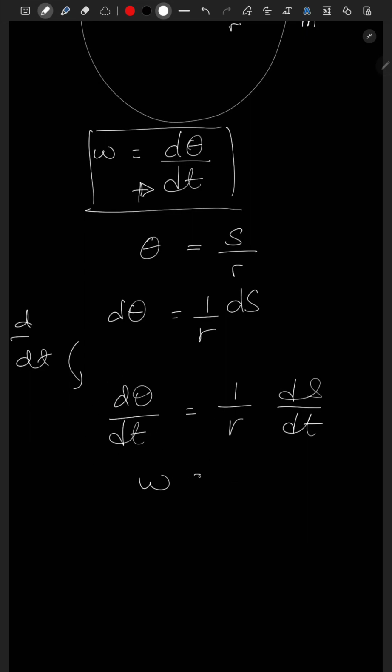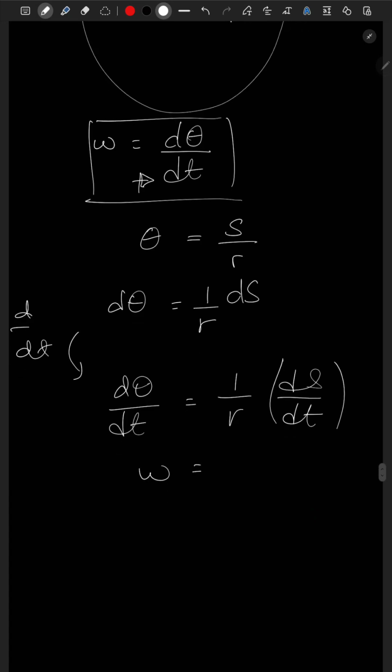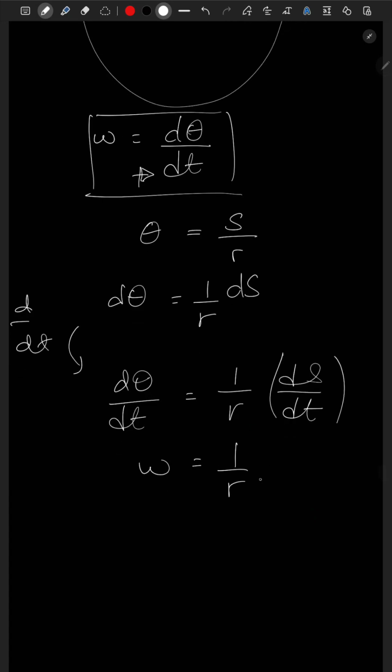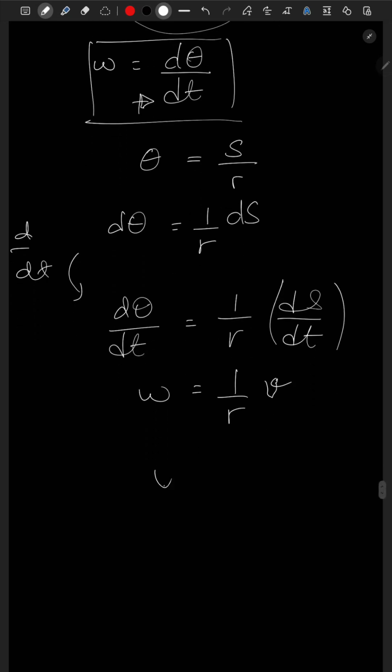And this is omega. ds by dt will give you the speed of the particle, because it is the change in the arc length divided by the time. So it is 1 divided by r times the velocity of the particle, and this velocity we can write as omega r. This is another definition for velocity in terms of omega and r. So remember that the radius of a circle is always a constant over here.